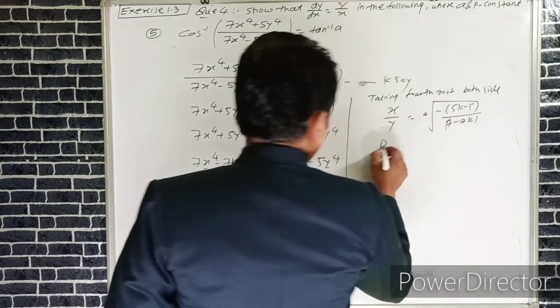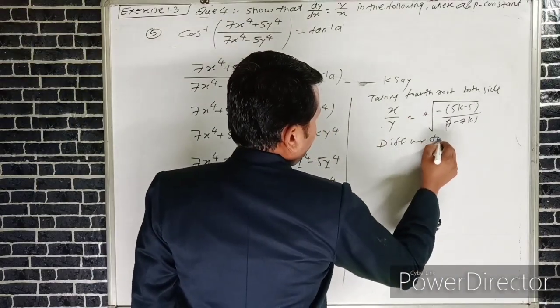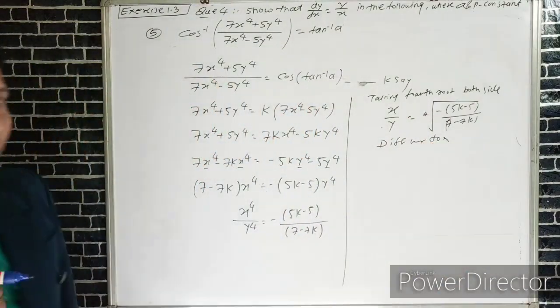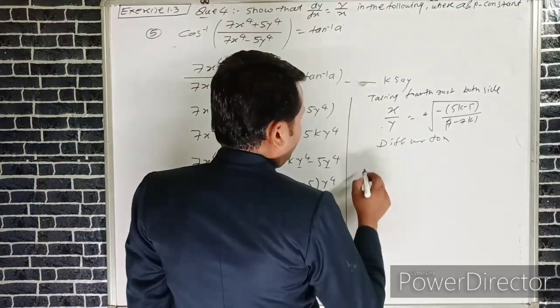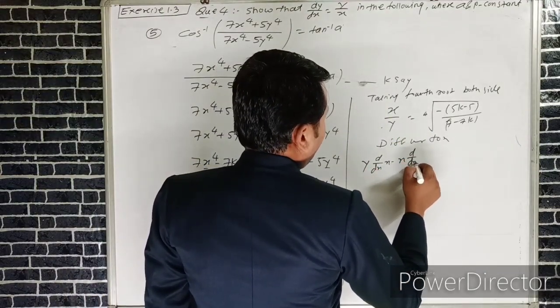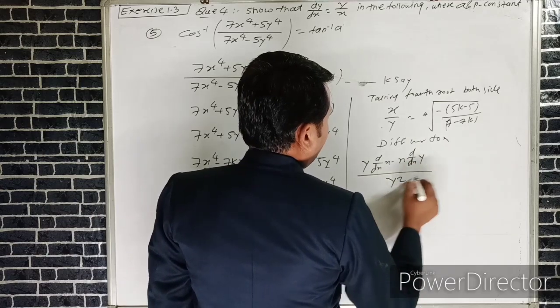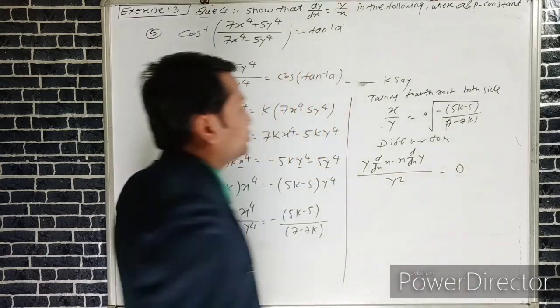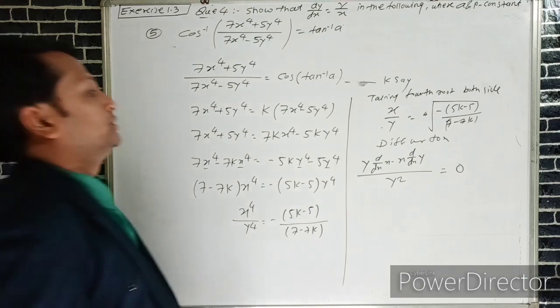Now if we differentiate with respect to x, by applying the rule of u upon v, we can write y into derivative of x minus x into derivative of y upon y square is equal to the derivative of the whole term, which is constant, 0.